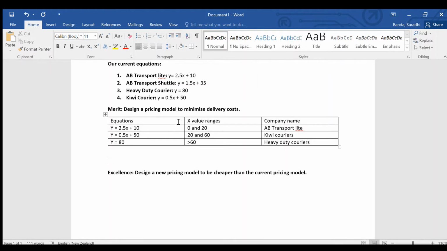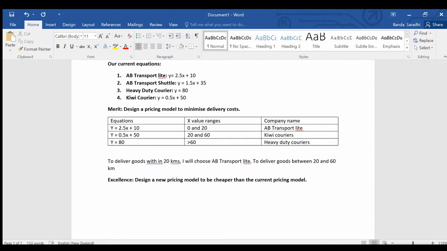I'll write: To deliver goods within 20 kilometers, I will choose AB Transport Light. To deliver goods between 20 and 60 kilometers, I'll choose Kiwi Couriers.